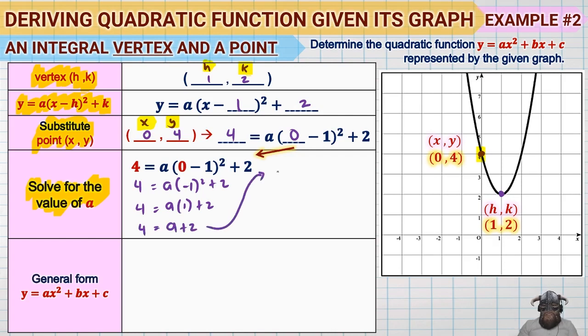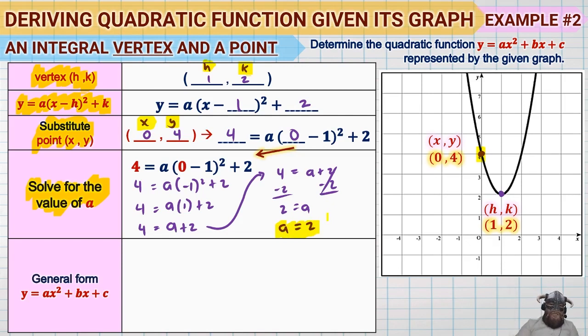So, in this case, rewrite lang ulit natin siya. 4 is equal to a plus 2. Then, we can subtract 2 from both sides. So, this one will become positive 2 is equal to a. By the reflexive property of equality, we can say a is equal to positive 2. Positive siya, siyempre, it's opening upward.